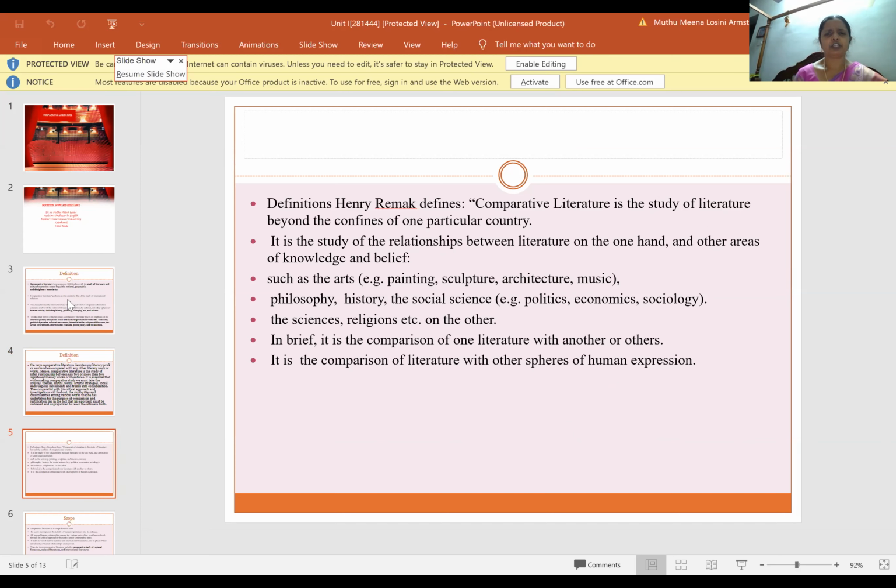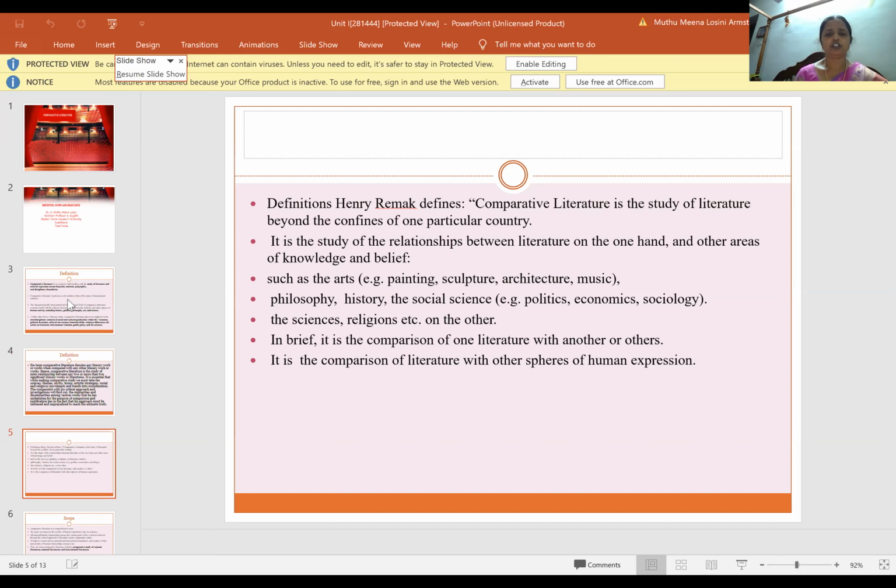Definition of Henry Remak: comparative literature is the study of literature beyond the confines of one particular country.